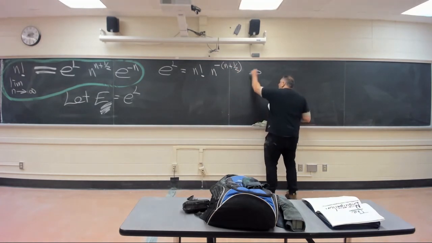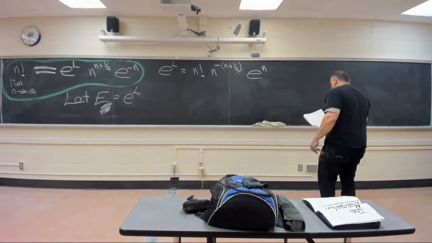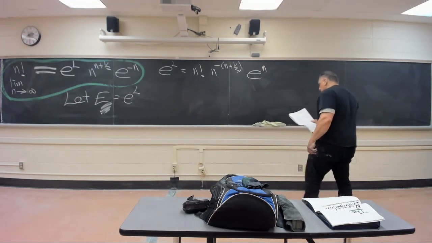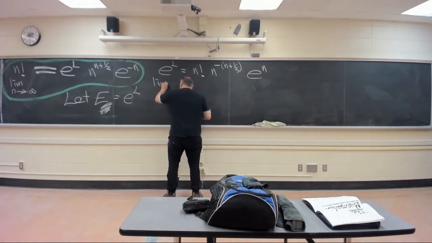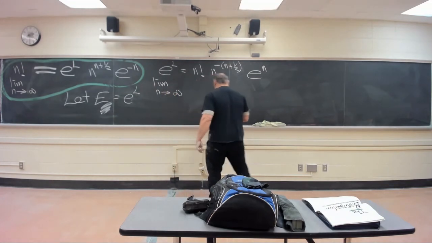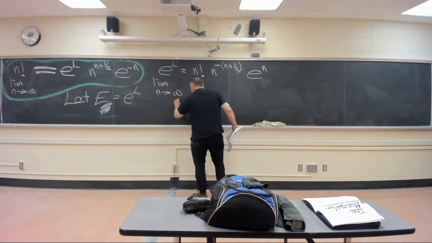Yeah, remember that's what happens when you do division like that. Limit n goes to infinity. That becomes this.